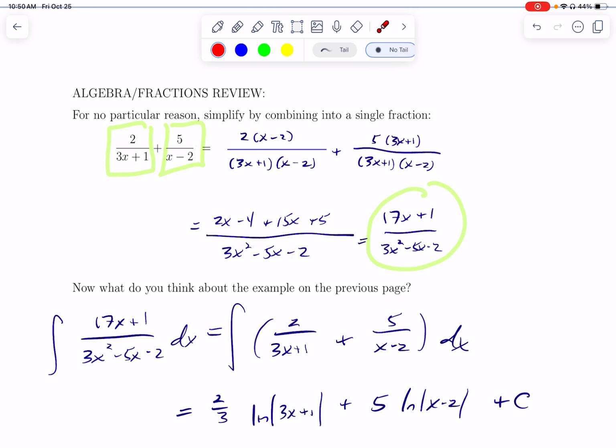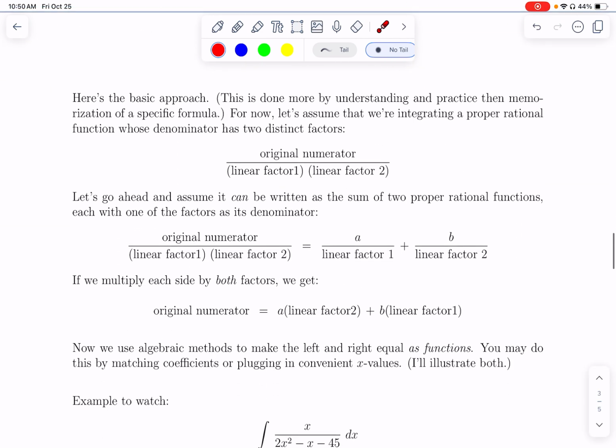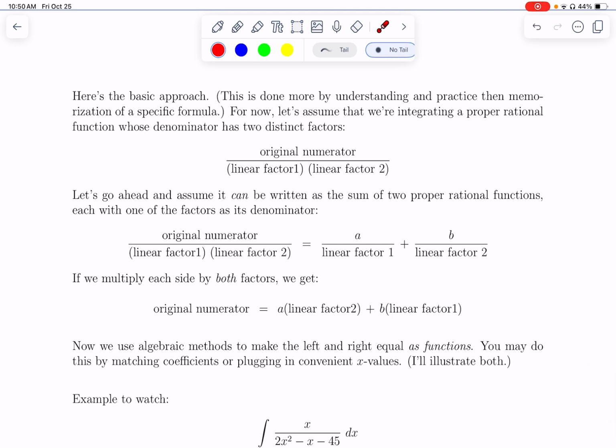So you're going to have a lookout where when you're seeing these kinds of problems and you're like, oh, that denominator factors, that's actually a hint to me. So here's the idea. We're going to be looking at examples where we have a proper rational function. Remember, proper means the denominator has a smaller degree. And we're going to be assuming that the bottom has two linear factors.